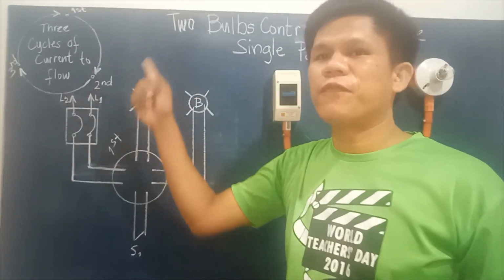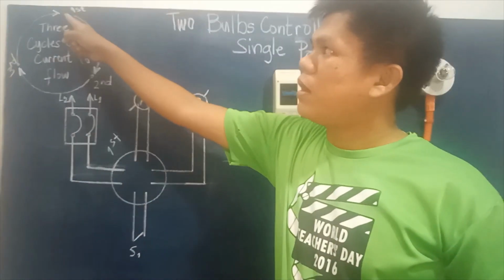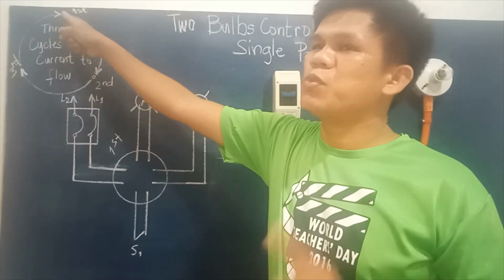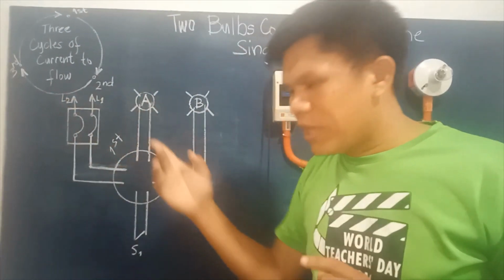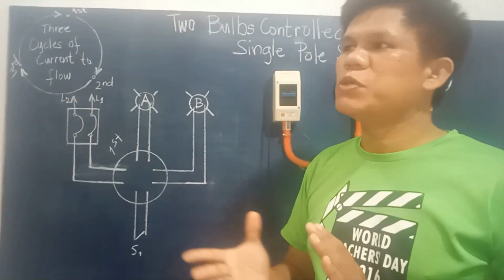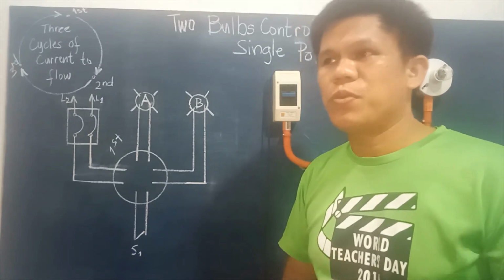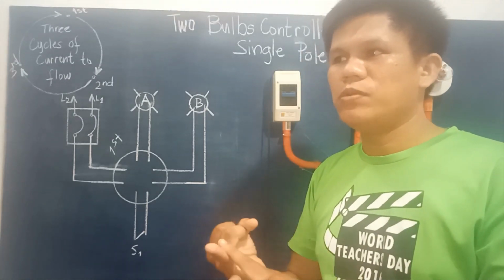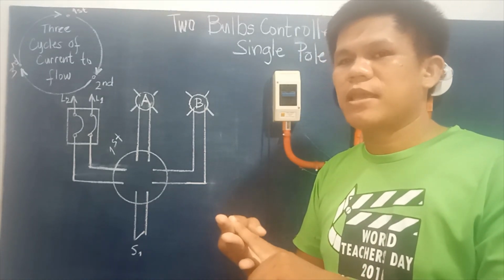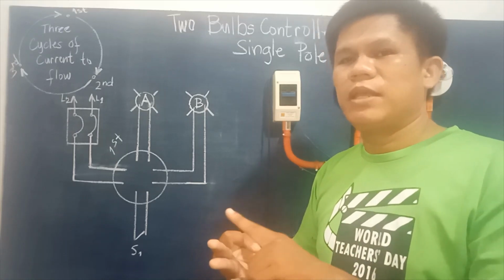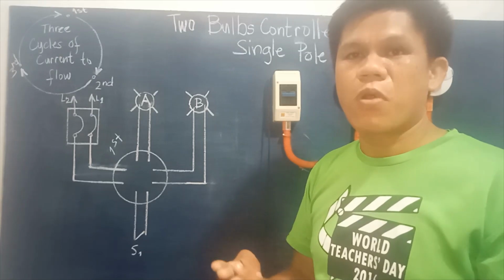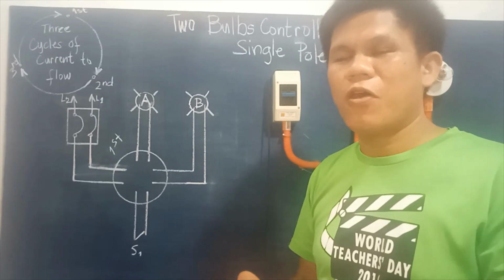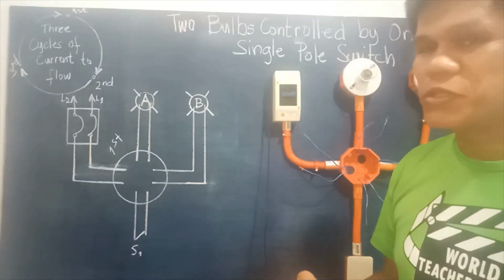To execute the first cycle, of course, we only need at least one of the terminals coming from the source line. Again, we have major parts of the circuit. So we have the source, the load, the control device, and of course, the conductor or the wire. So more or less, it is around 4 major parts of the circuit.